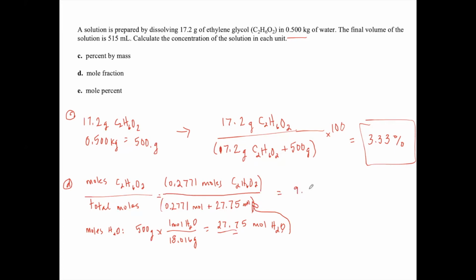And for this, I got 9.89 times 10 to the negative third. And remember, mole fraction is unitless, right? Because you're just dividing moles by moles. So those units will cancel each other out and it's just unitless.